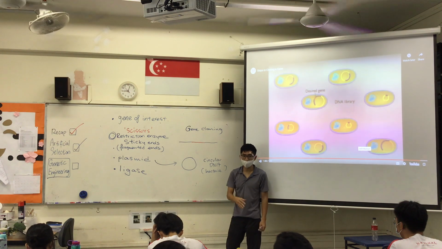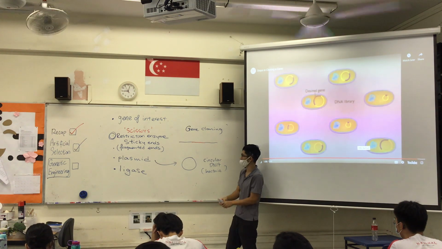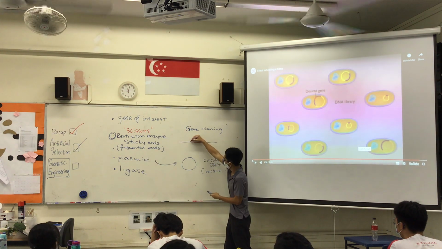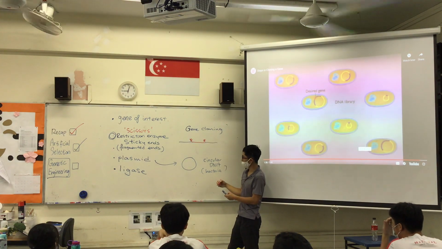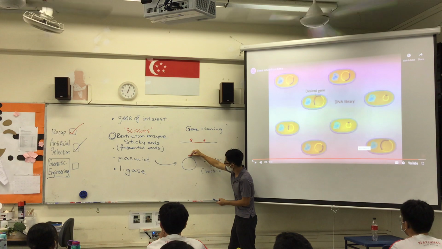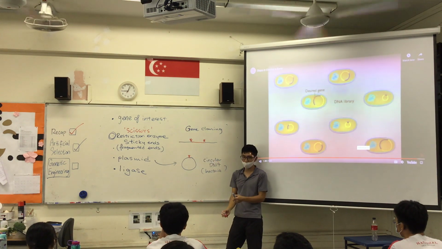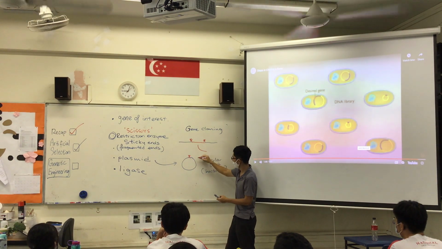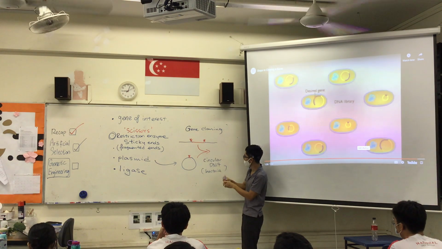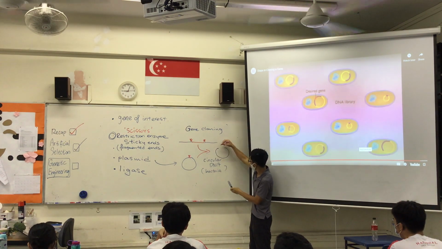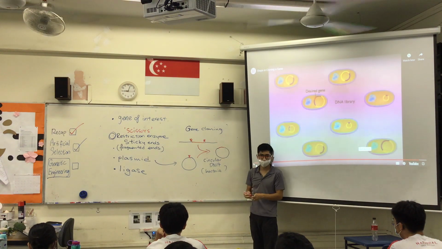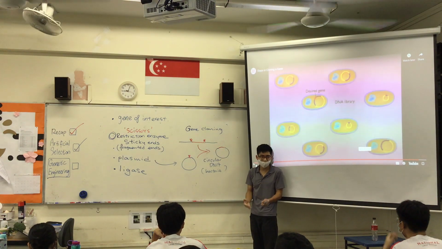Okay, so the process I'm about to teach you goes really like that. We need to, number one, learn how to cut the gene of interest out. We need to learn how to cut the plasmid so that we can create a plasmid that contains the gene of interest. Why do this?